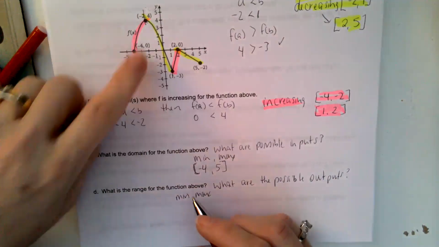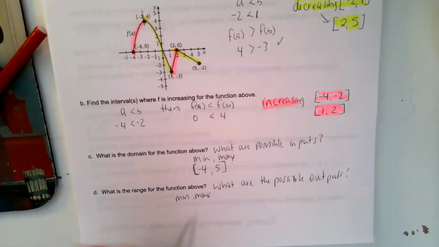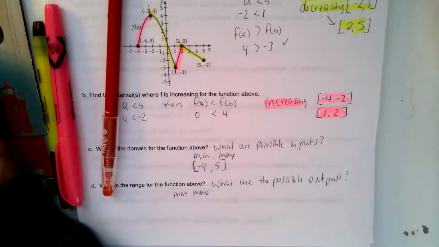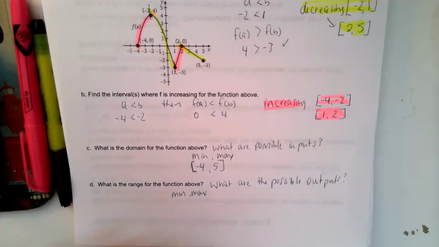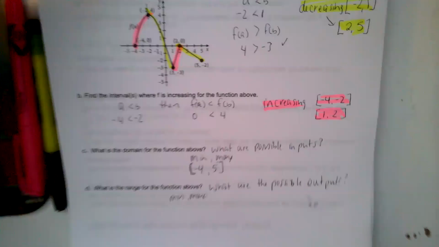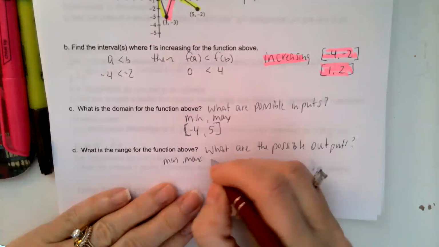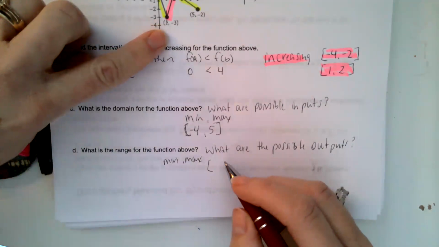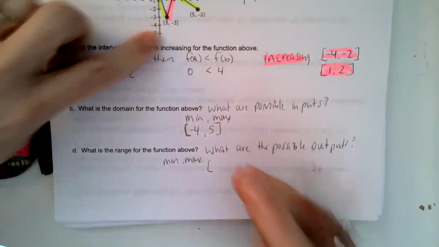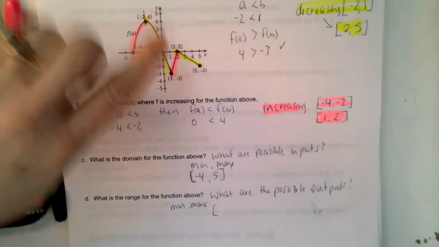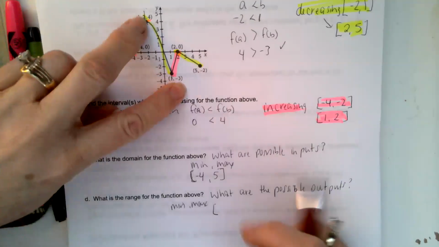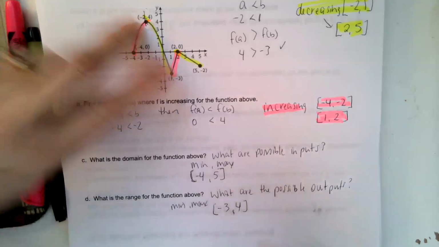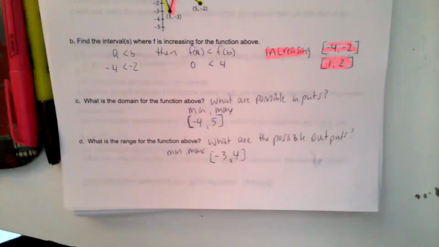And the largest is +4. So we write that the range is the interval from -3 up to +4. And those are the y values.